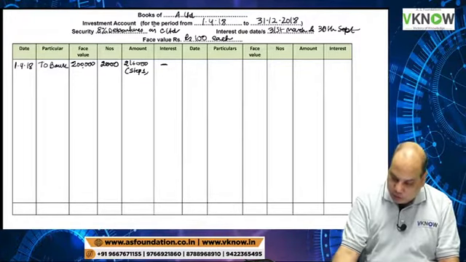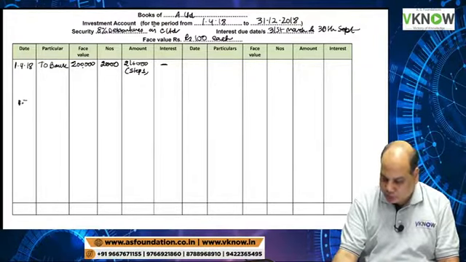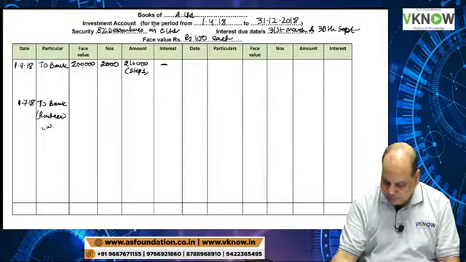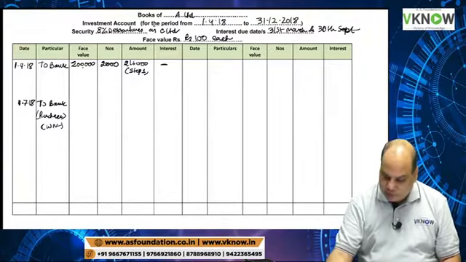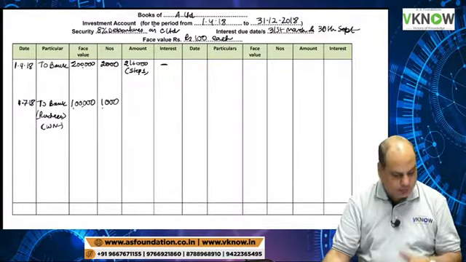Then there is one more purchase on 1st July 18, to bank, purchase, working note 1. You have purchased investment of 1 lakh face value, quantity 1000.